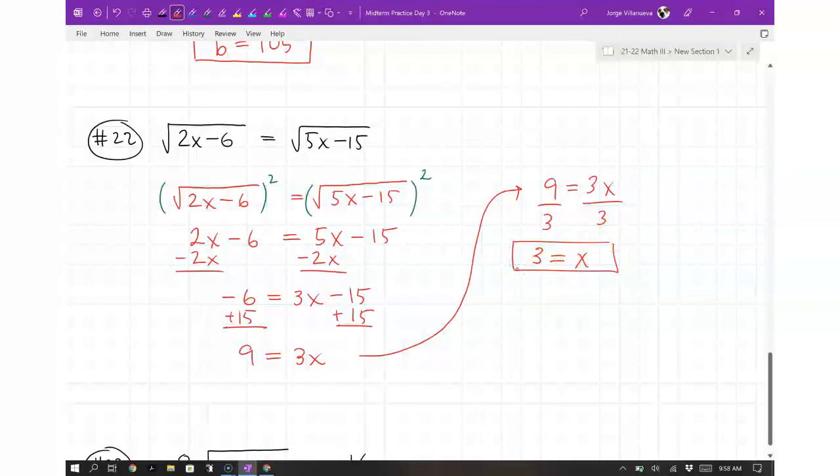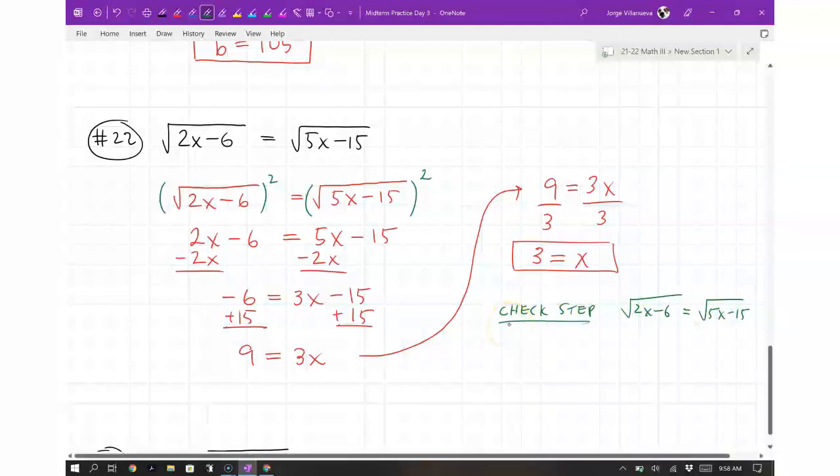Again, you want to check it. Okay, you want to check this just to make sure. So check step. We got square root of 2x minus 6 equals square root of 5x minus 15. Plug in a 3, so I get square root of 2 times 3 minus 6 equals square root of 5 times 3 minus 15.